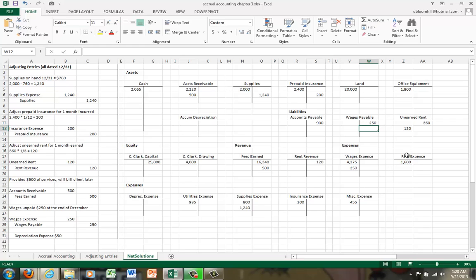Now we have the final adjusting entry on the left-hand side, where we have depreciation expense.